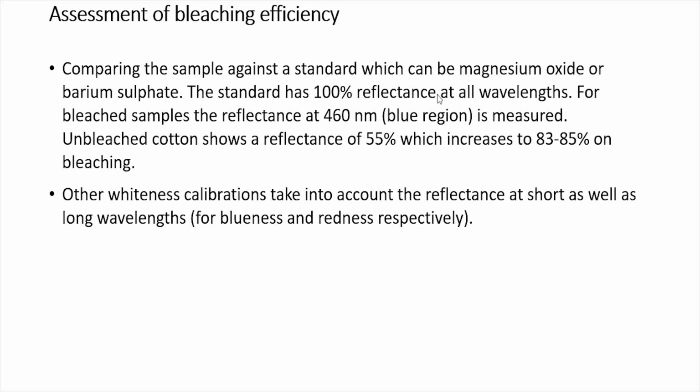So you have to compare your sample with a standard magnesium oxide or barium sulfate sample. So that is the pure white. Magnesium oxide stone or plate we consider as 100%. So you have to compare the magnesium oxide plate with your sample, and you have to denote.